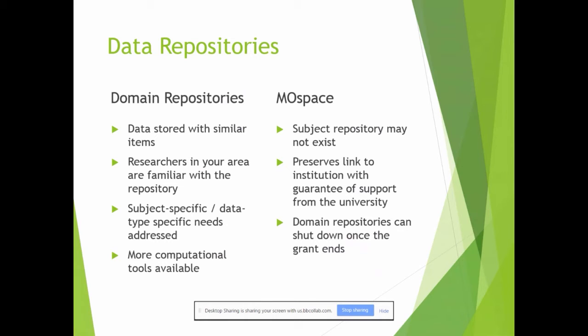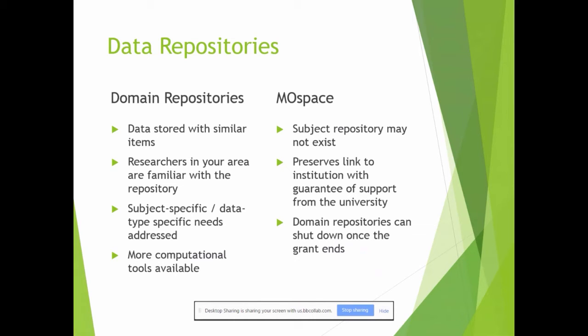Researchers in that area are really familiar with those repositories. There are subject-specific tools that have been developed, which goes back to John's point about wanting to put it into this system so that all of the computational tools that are there can be used. So you've got domain repositories, and then you also have MOspace, the institutional repository.